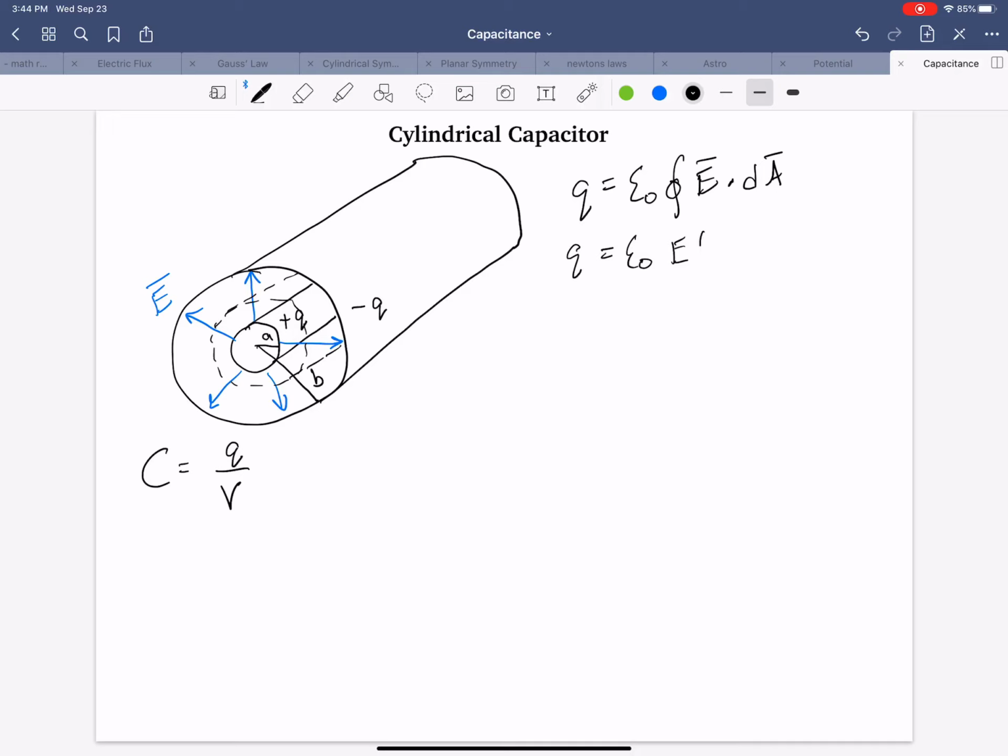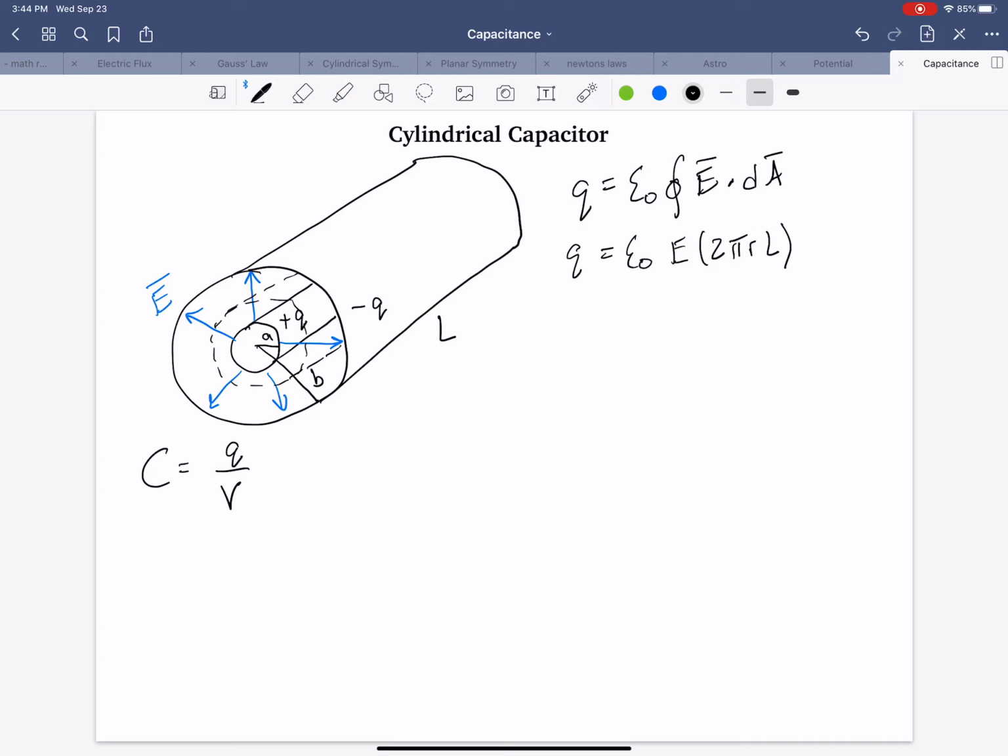It's 2 pi r, which is the circumference, times the length, which I haven't actually specified, of length L. This is not necessarily a closed Gaussian cylinder. It's just a shell or surface. So our closed integral dA is 2 pi r times L.